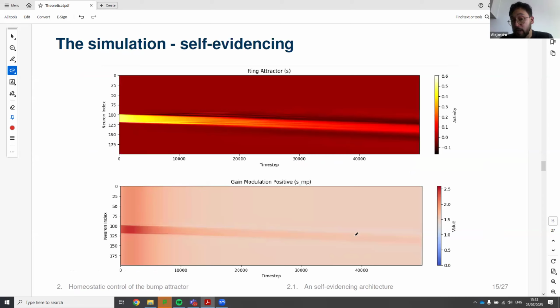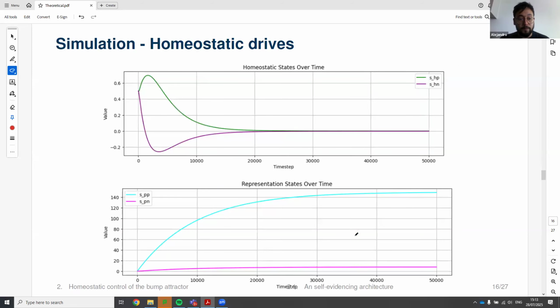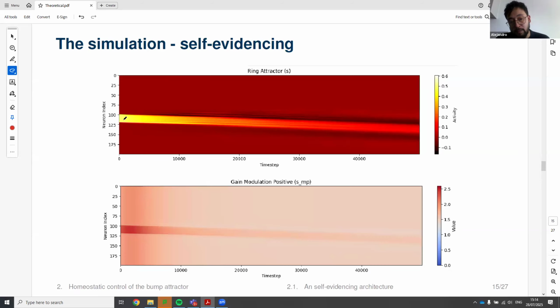So this is the result of the mean field simulation. So essentially, maybe I show you the homeostatic drives. Initially, you have a large discrepancy between the homeostatic inputs, but eventually they should come together, and this means that the bomb will move as long as there is a discrepancy, and then it will stop.